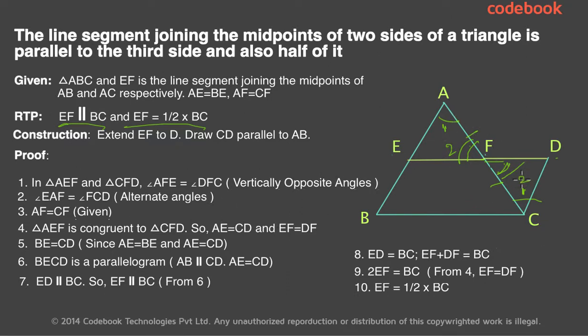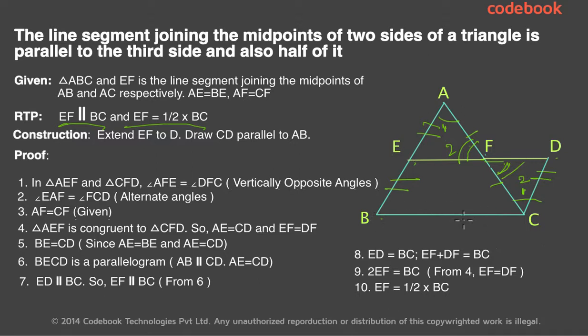When two triangles are congruent by the ASA theorem, we know that the corresponding sides of these two triangles are also equal. So AE should be equal to CD. But we know that AE and BE are equal because E is the midpoint. So we know that in this quadrilateral BECD, BE and CD are parallel to each other and they are also equal in length.